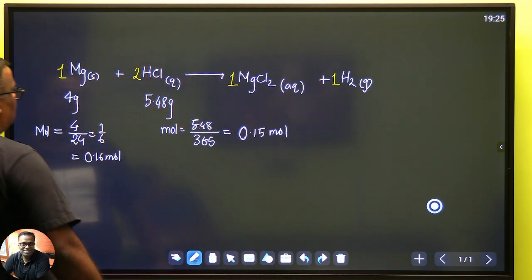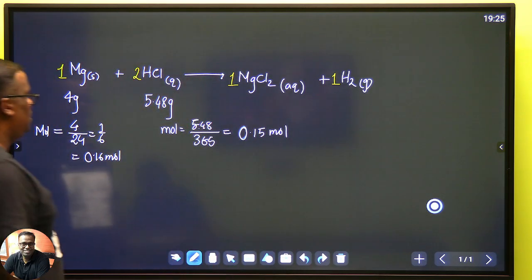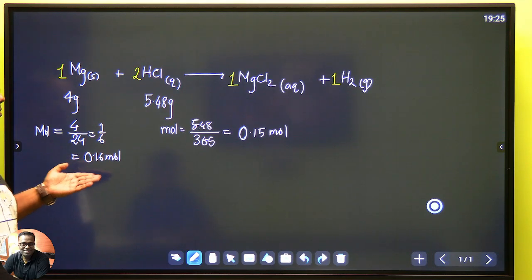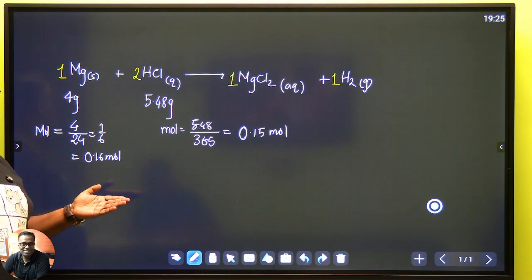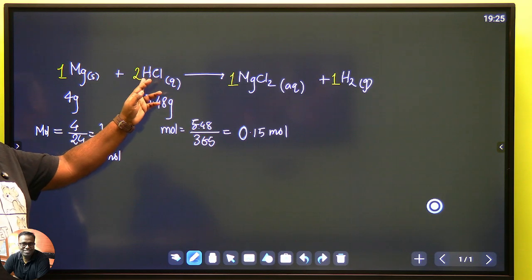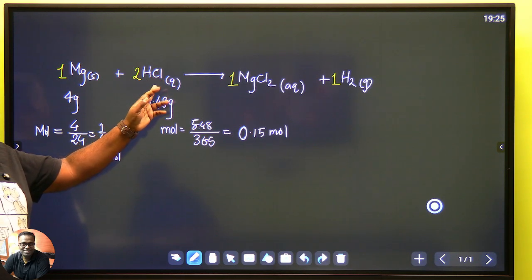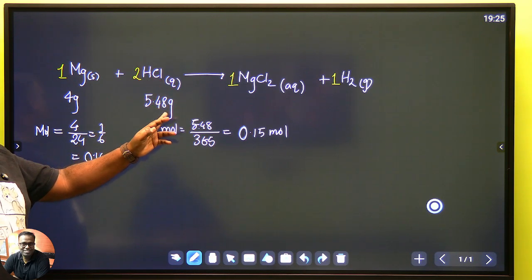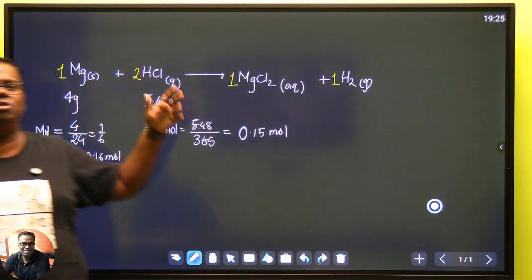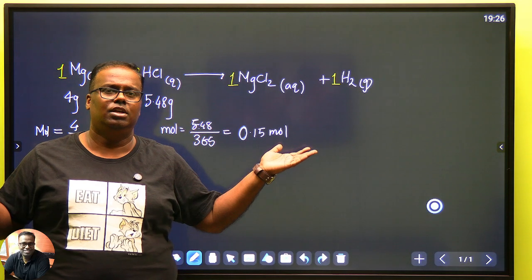अब देखो, if magnesium is 0.16, look at magnesium. Molar mass of a compound is a fixed quantity.